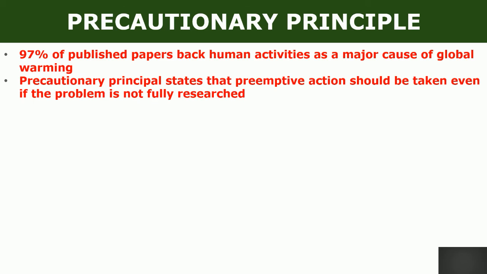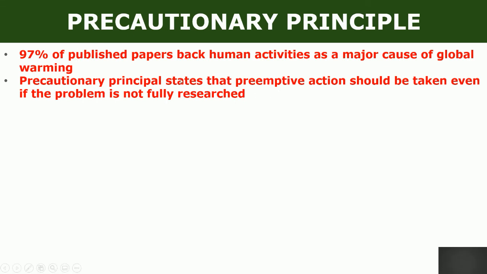So even though 97% of published papers back human activities as a major cause of global warming, there's still these people who want to argue that that's not what's causing it, kind of because I think they just don't want to hear it, because it means that we'll have to make some changes that they don't feel like. So the precautionary principle states, hey, we don't care if you fully looked at the problem, even though I would argue that we completely have.